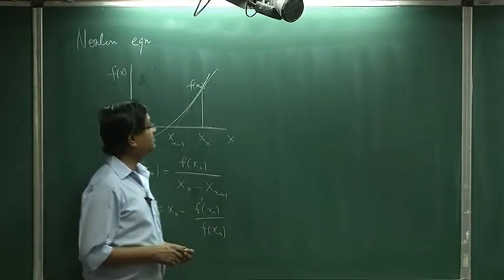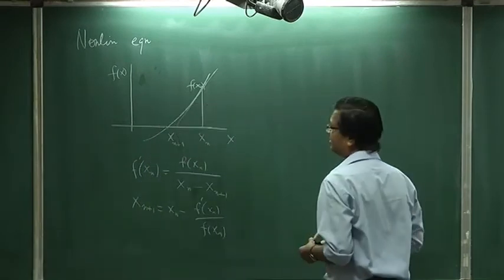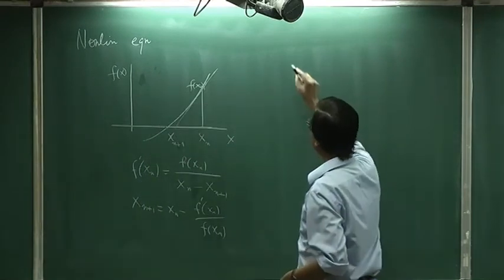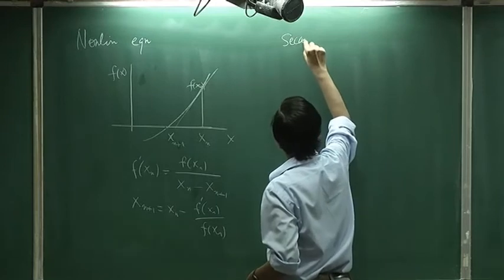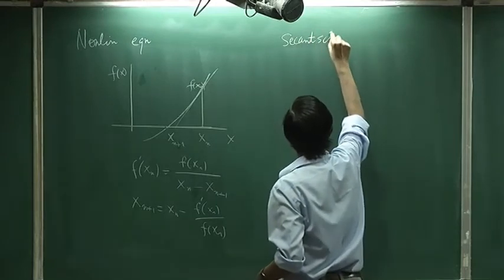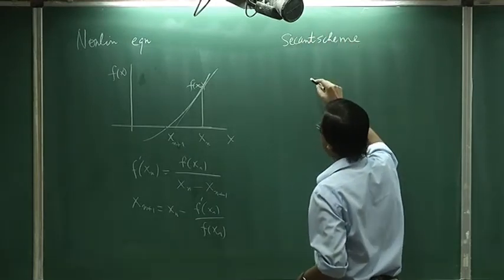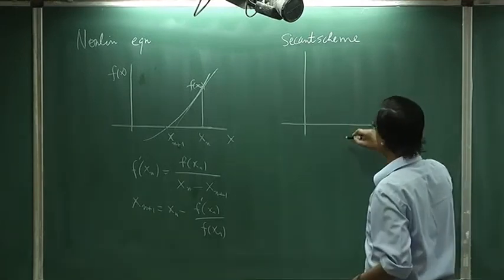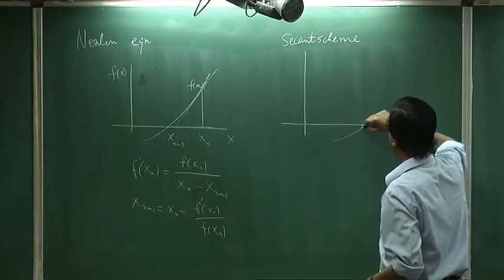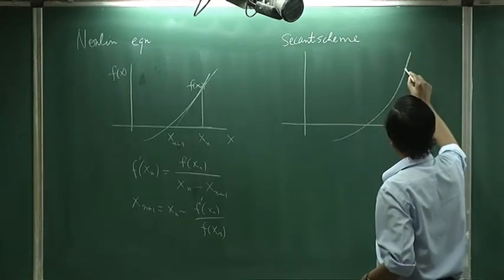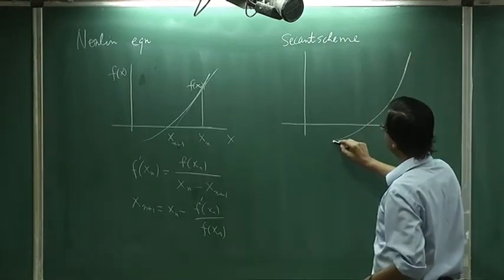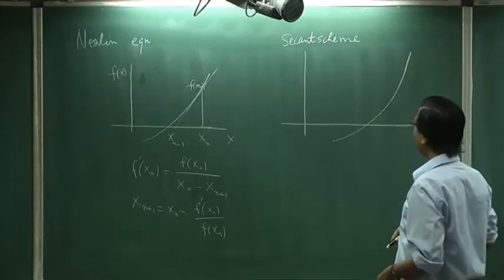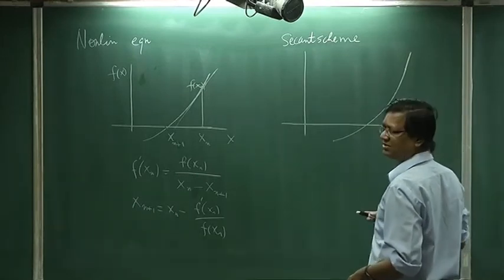Okay. Now there is a related scheme called the secant scheme. So you have 2 points and I want to get the next point.